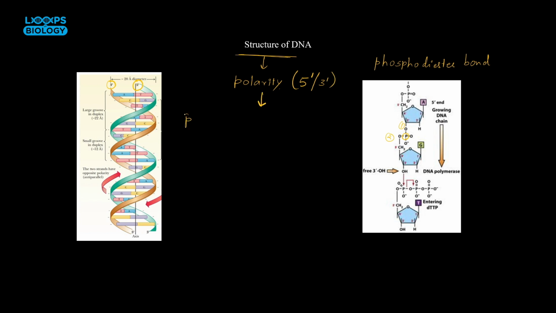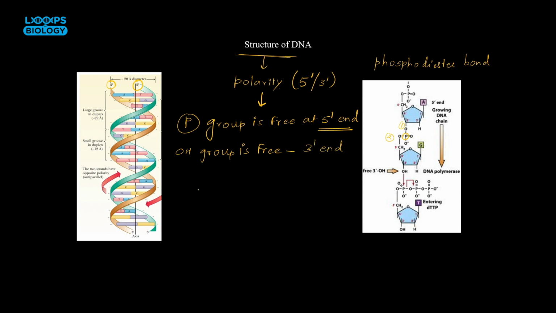If the phosphate group is free at the 5 prime end, that is the 5 prime carbon, then that polarity is called 5 prime polarity. If the OH group is free, then that is called the 3 prime end.